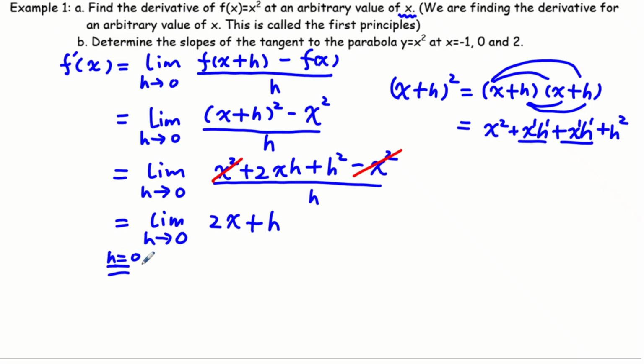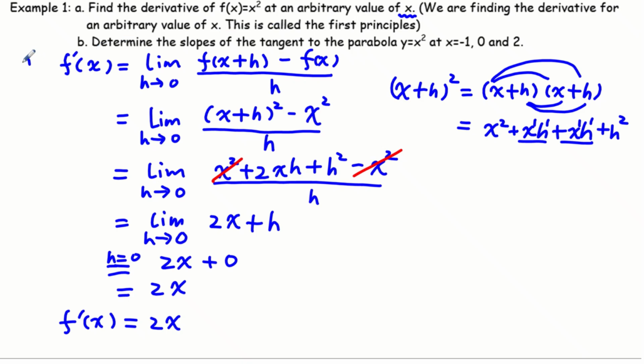Substitute h equals 0 into this expression. We have 2x plus 0, so the final answer is 2x. So this is the derivative of the function x squared. So f prime of x equals 2x. This is the derivative of the function f of x equals x squared at a random value of x.